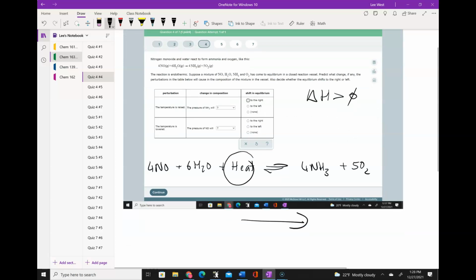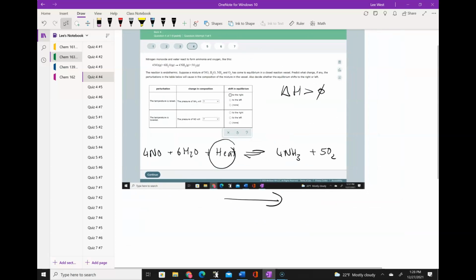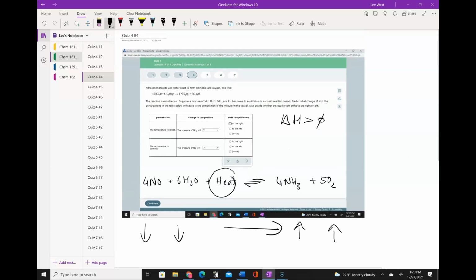It's going to cause the equilibrium to shift to the right because we want to consume that added heat. So everything on the left will go down and everything on the right will increase. So the pressure of NH3 will increase. And the equilibrium will shift to the right.